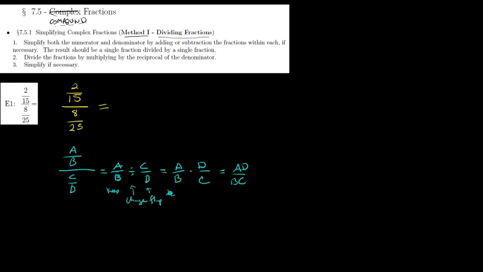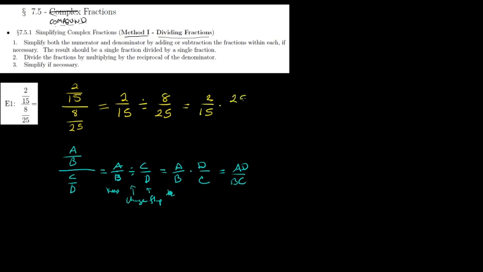All right, so now let's go back to the original problem. This is my a over b over c over d. So we're just going to write it as a division problem, 2 over 15 divided by 8 over 25. Okay, so keep the first fraction, 2 over 15, change division to multiply, so I'll use a dot for multiply, and then flip the second fraction.